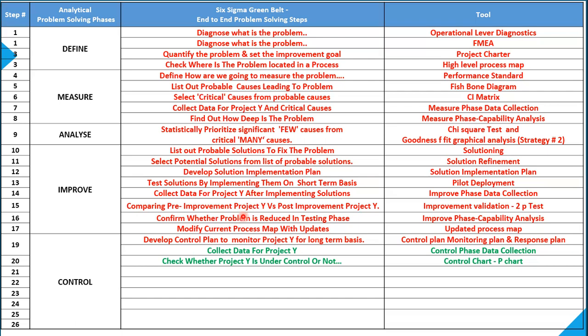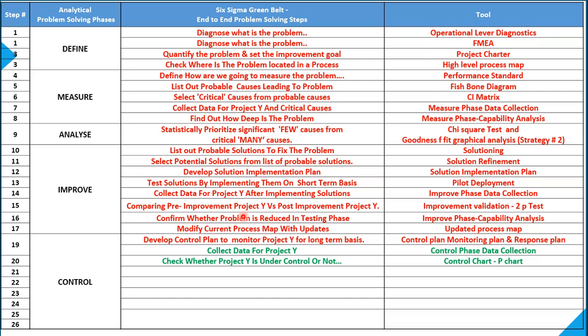Once that is done, the very next thing is we need to go ahead and collect the data of project Y in the control phase. The way we collected it in the measure phase, and the way we collected it in the improve phase, we are also going to collect it in the control phase. Why? Because we still need to validate that, yes, for a shorter period of time at experimental level in the improve phase, we have seen certain improvement.